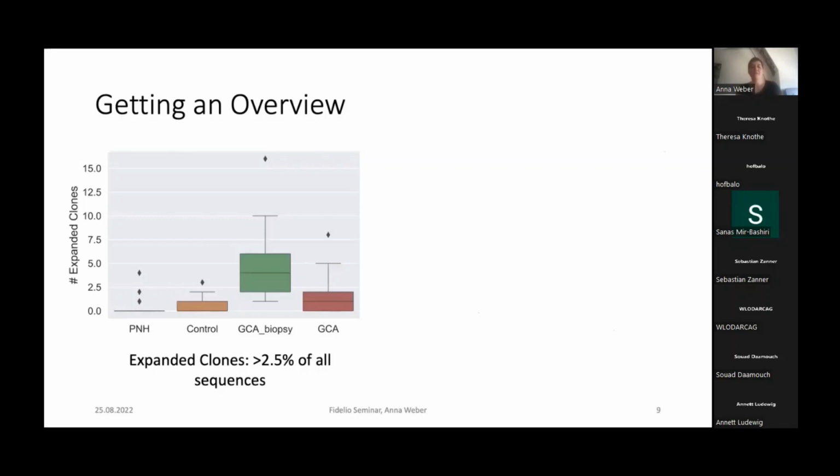So one thing that was really interesting to see was that you have far fewer clones and far more expanded clones in the GCA biopsy. An expanded clone is one that makes up more than 2.5% of all the sequences that we find.